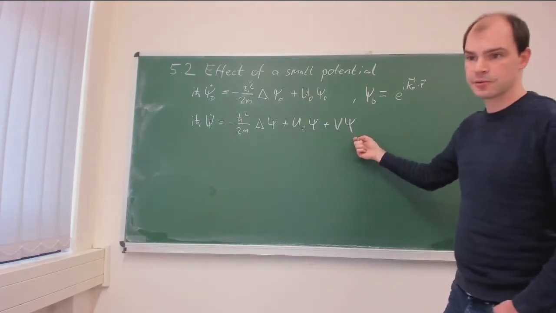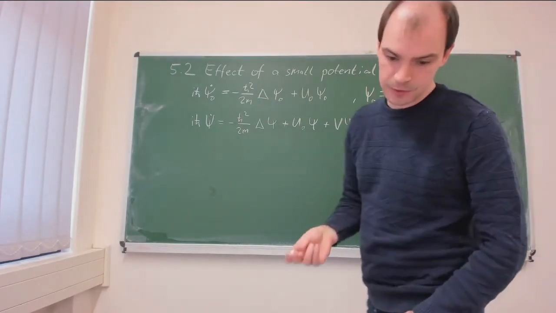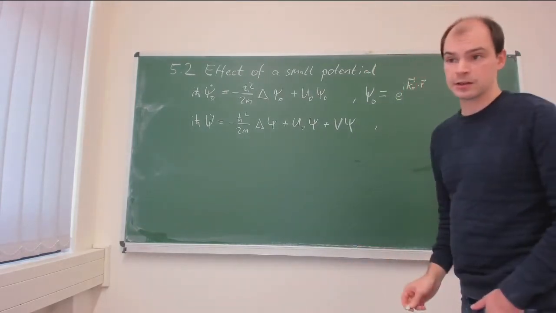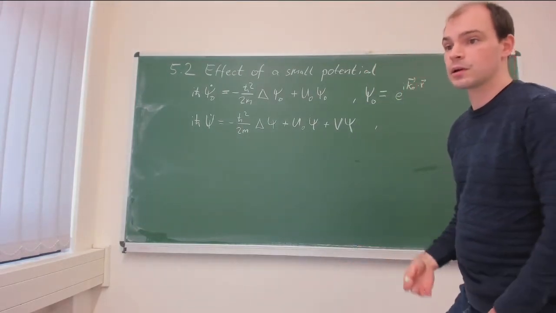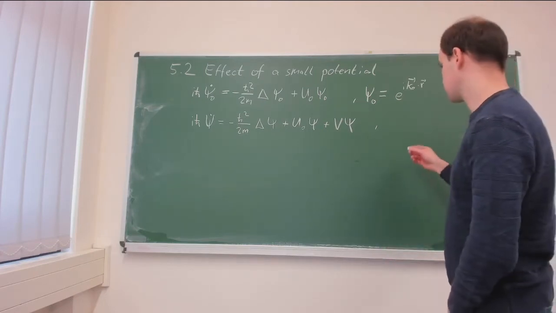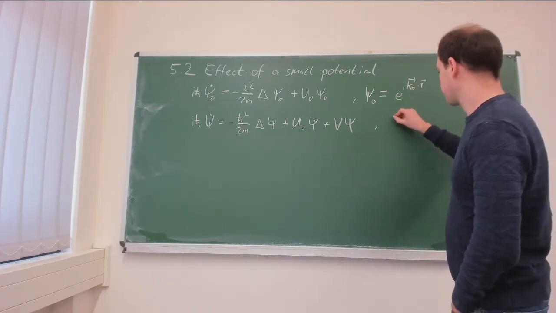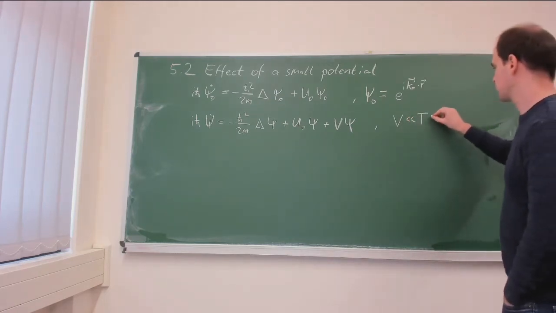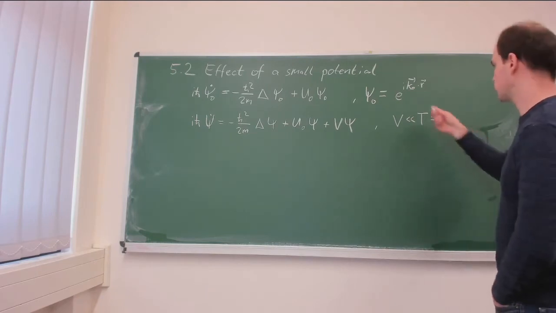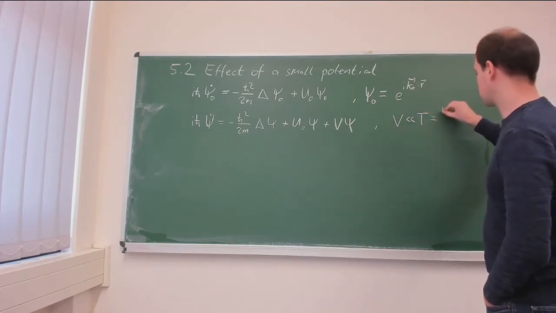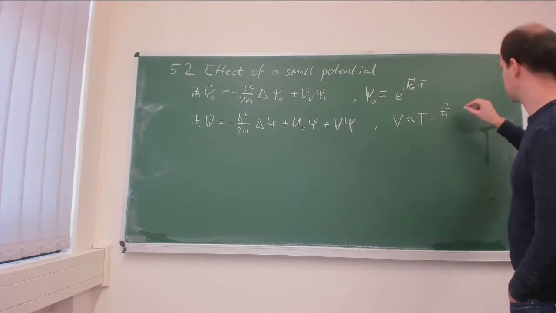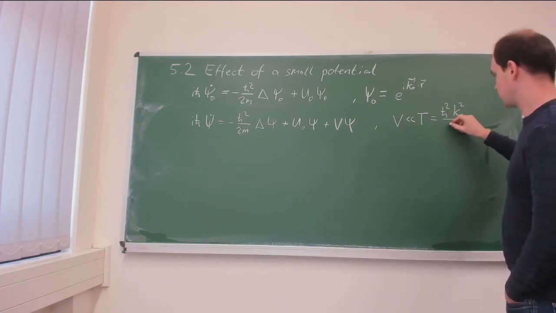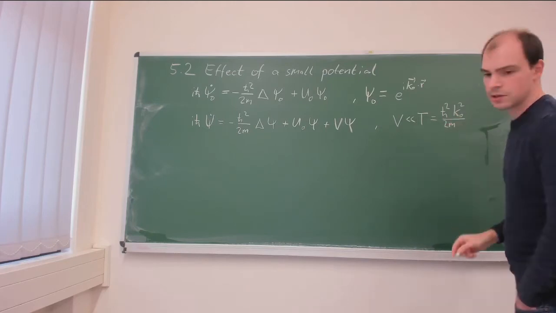So we are looking for solutions to this Schrödinger equation, with the assumption that the potential V is much smaller than the kinetic energy of the particle. The potential V is much smaller than T, and T is the momentum squared, or if we have the wave vector k0, then that's ħ² k0² divided by 2m.